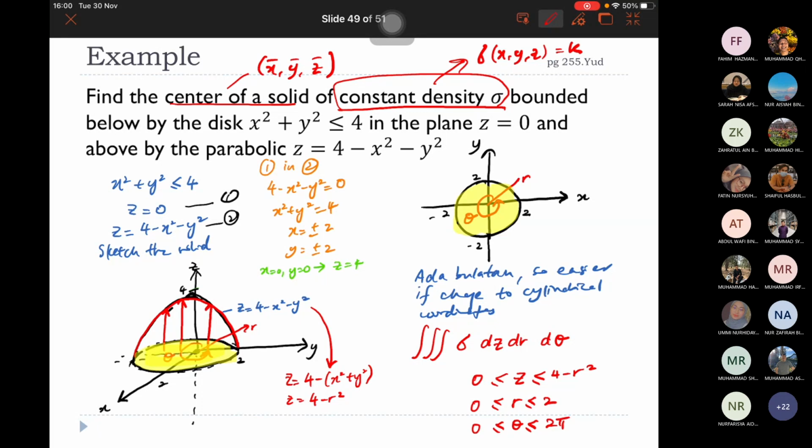Kita gunakan this info untuk calculate dia punya mass dan juga moments on the XY plane, XZ plane and YZ plane.